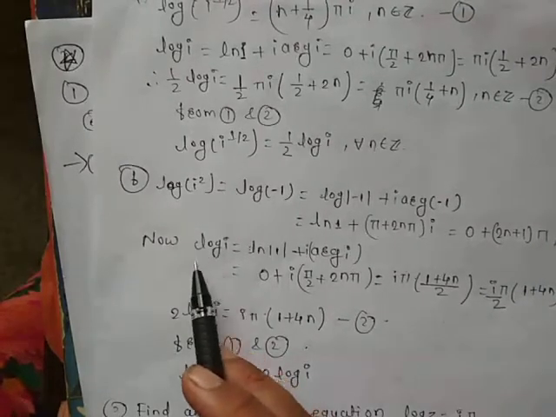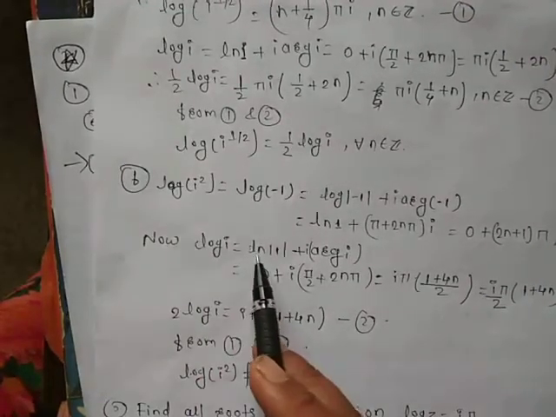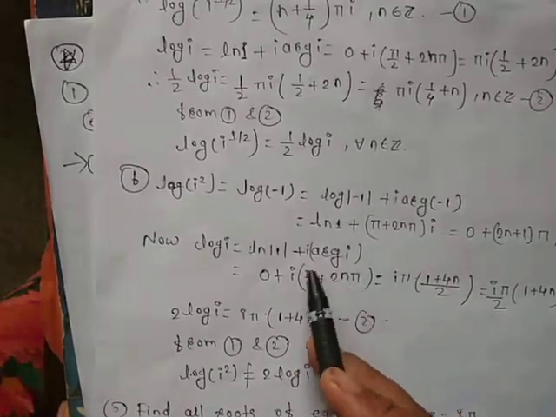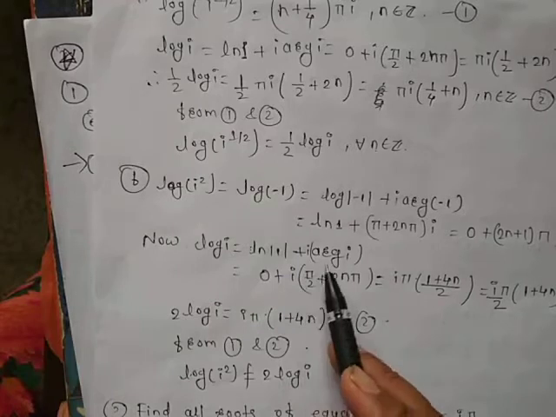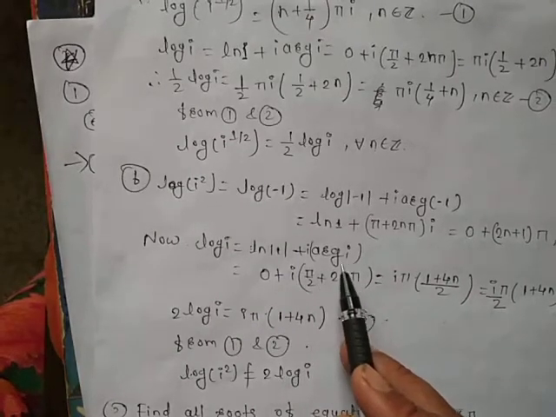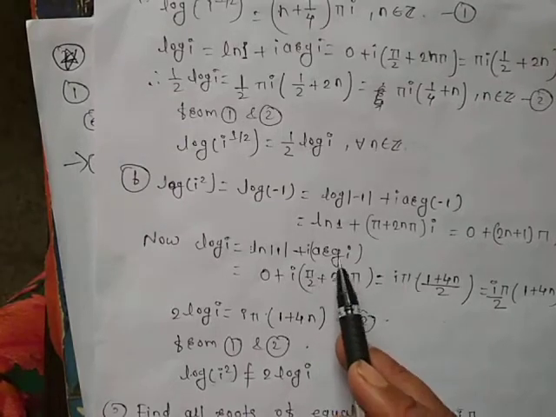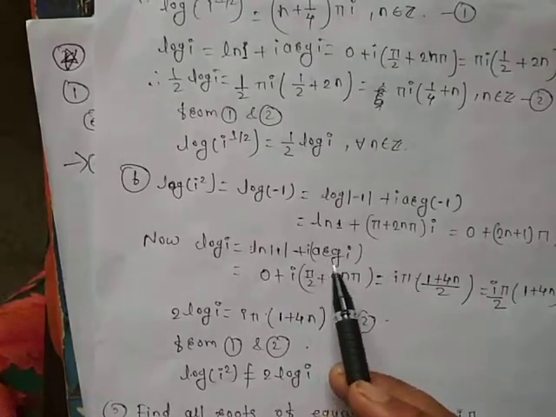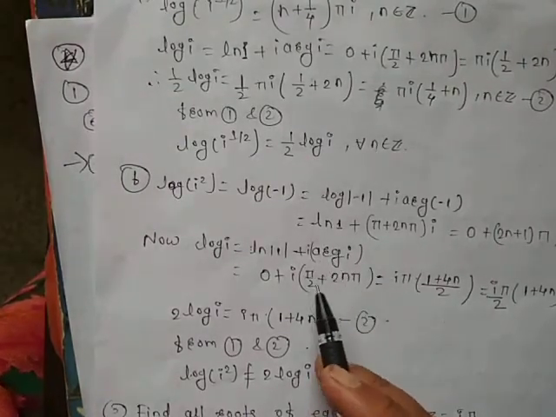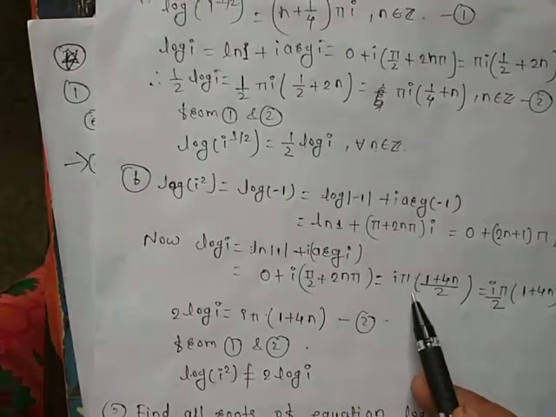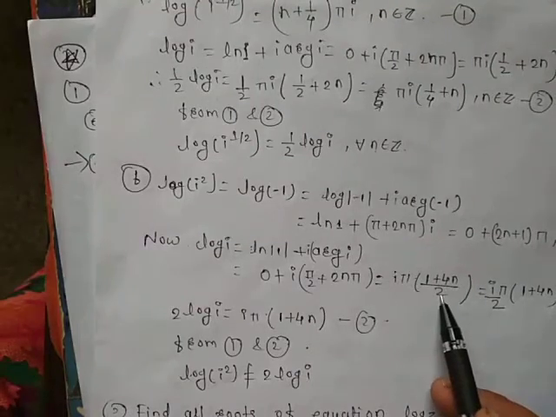Now we will find log of i, which is equal to ln of the modulus, 1, plus i into the argument of i. This is 0 plus i into the argument. z lies on the positive y-axis, so its value is pi by 2, but since we are considering the argument, pi by 2 plus 2n pi, which is equal to i pi (1 plus 4n) upon 2.